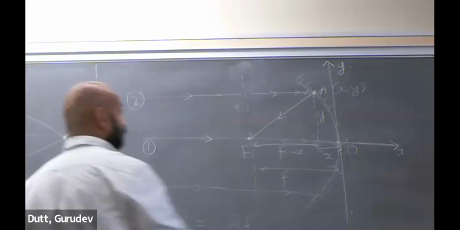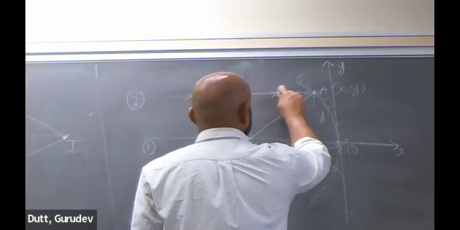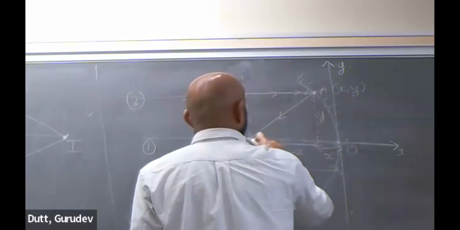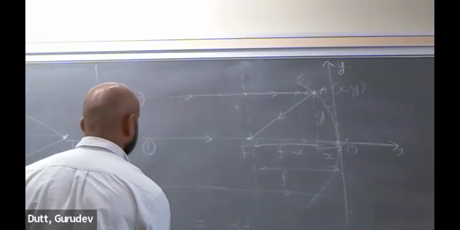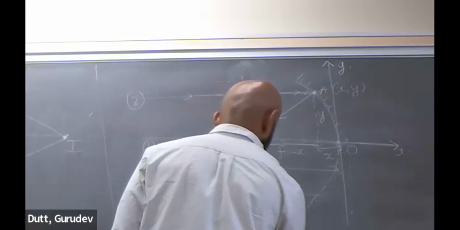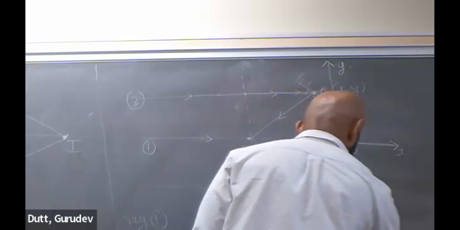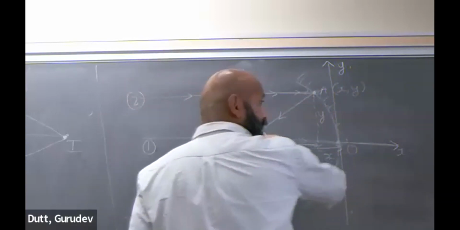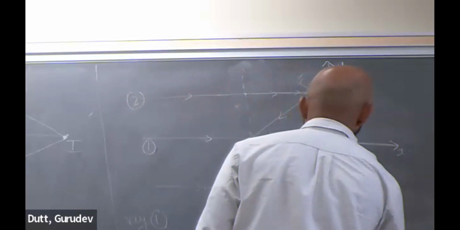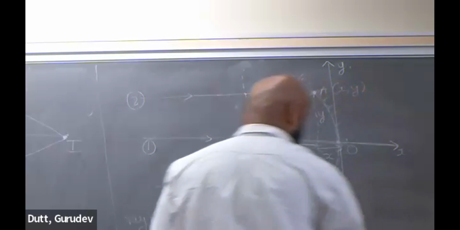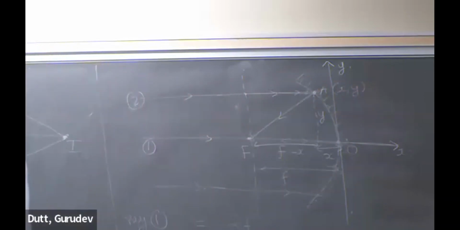So we know that the total distance that ray 2 takes going from this point to here and back down is f minus x plus a square root. We need this hypotenuse over here, which is the square root of f minus x, the whole squared, plus y squared.